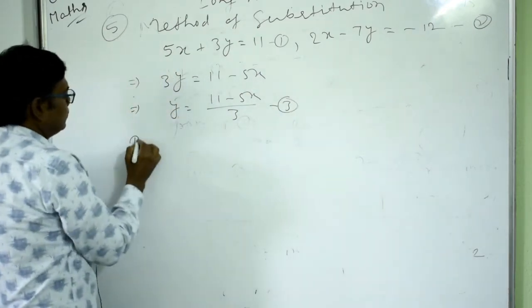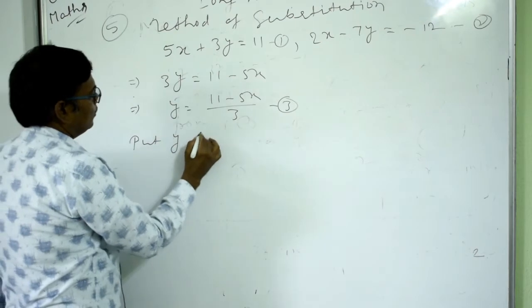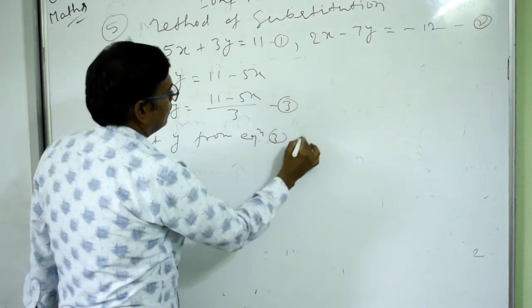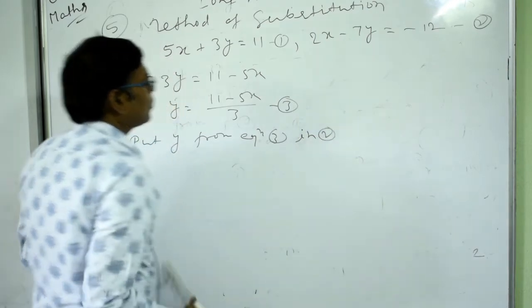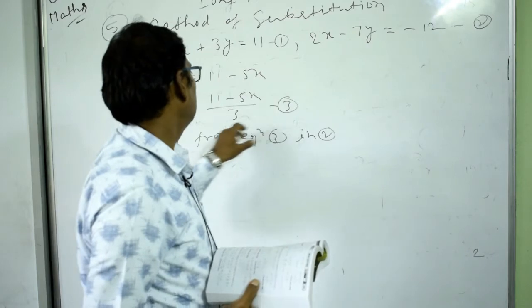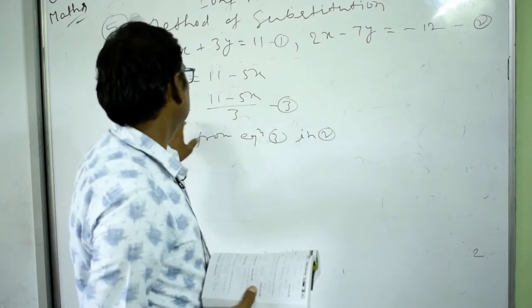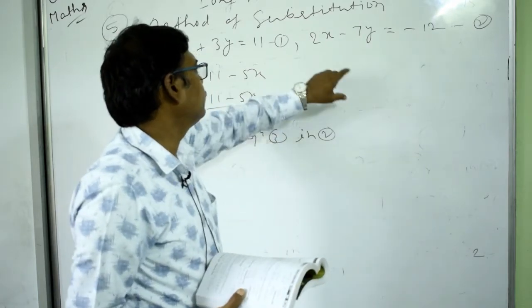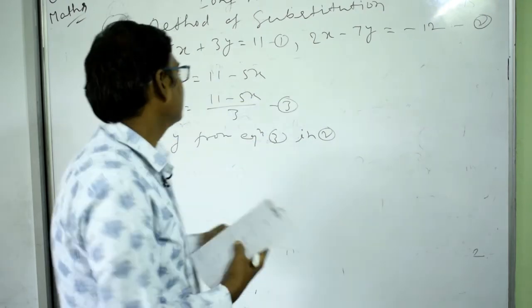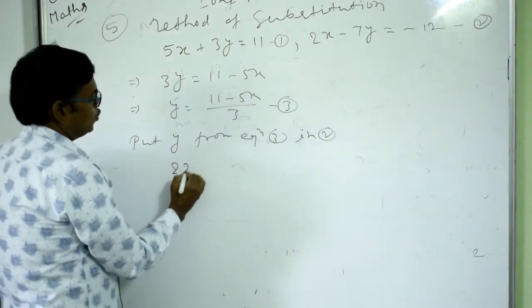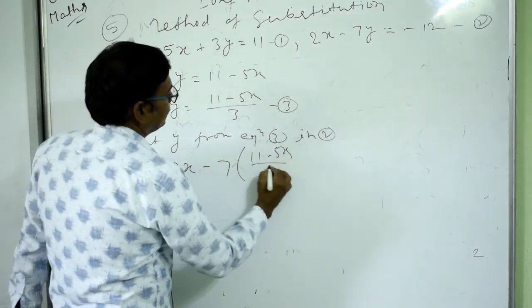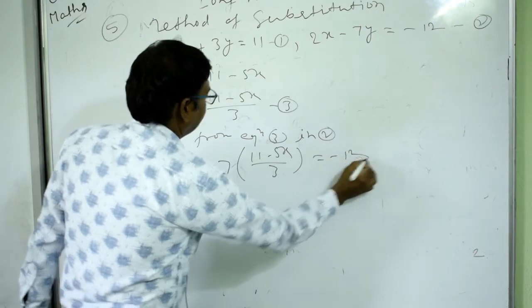Now put y from equation 3 in 2. We will take this value of y from here and replace it, that is, you will put this expression in place of y. Then you will have 2x minus 7 into 11 minus 5x by 3 equal to minus 12.